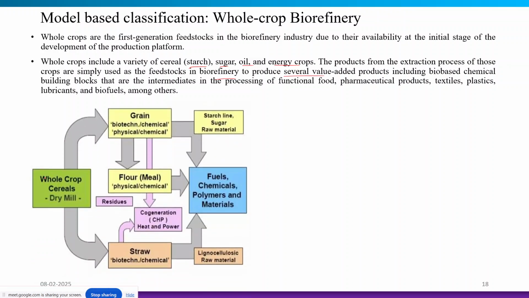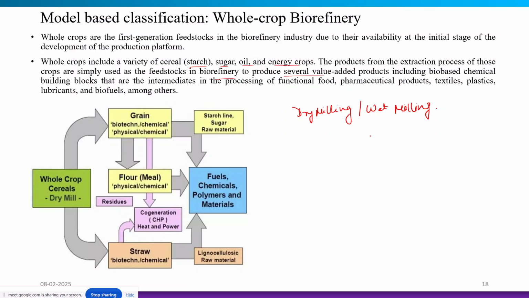So here we can see this whole crop cereals. These first go for the milling process. We can opt for the dry milling or wet milling process.